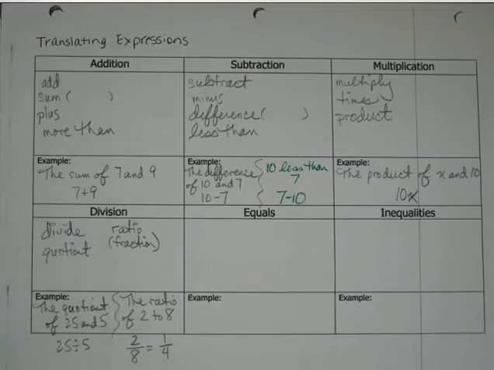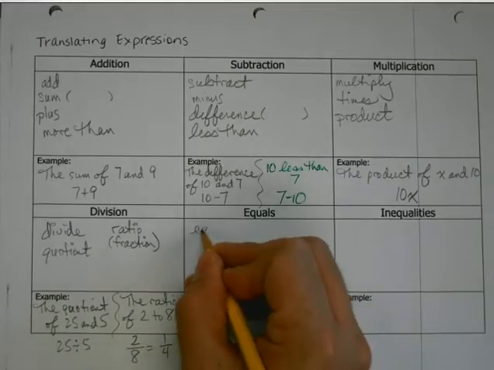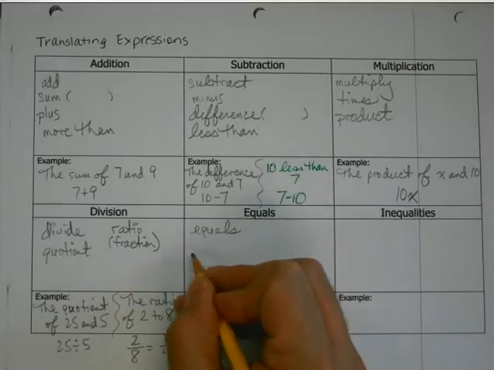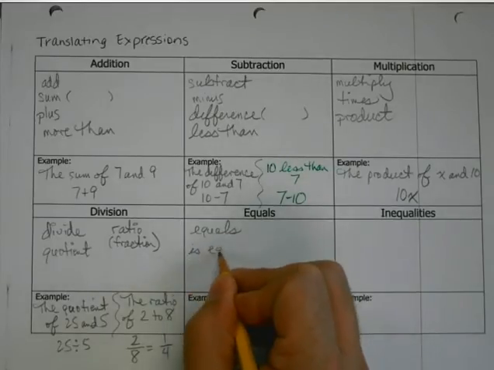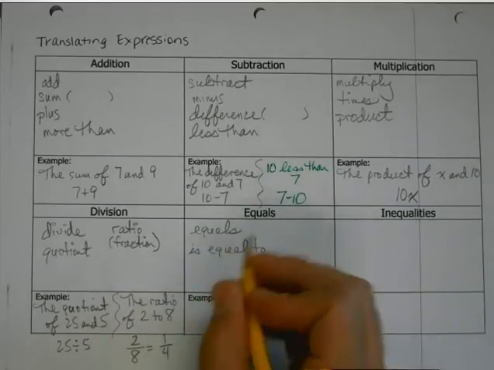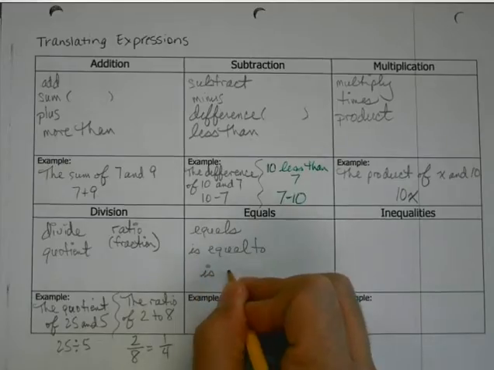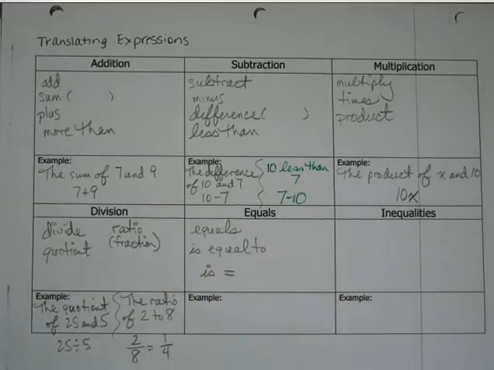Equals. Well, equals can be equals. It can be is equal to. Sometimes it can just be the word is. And that can get to be a little bit more interesting. It's interesting when we're making this chart, because this happens when we're doing it in class too.